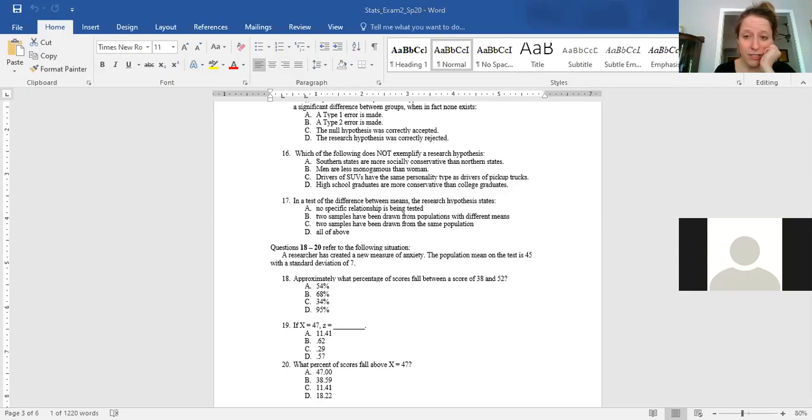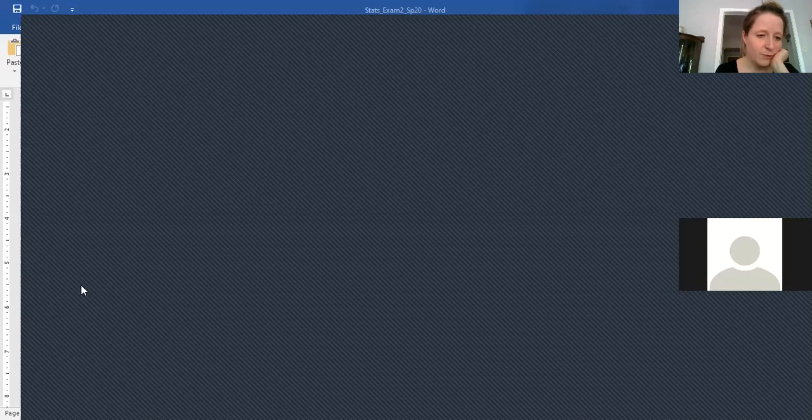So you could use your Z table and look up what's 1 standard deviation, 34.13, but really let's see if we had it in the slides somewhere. I think we talked about this a little bit in the slides, in chapter 5. Do I have a picture of the normal curves there? Yep, there we go.